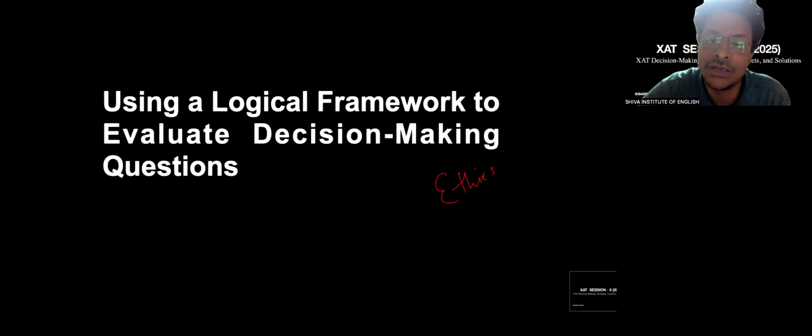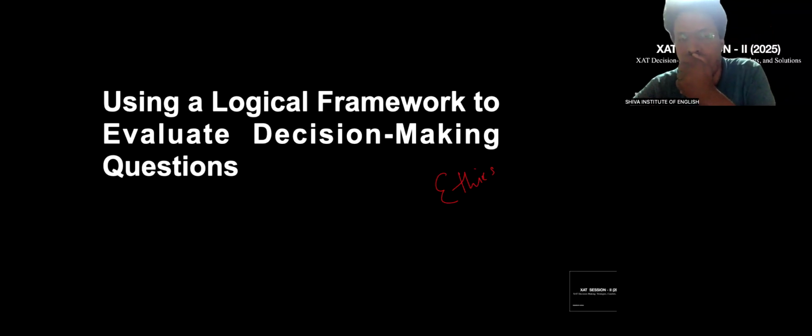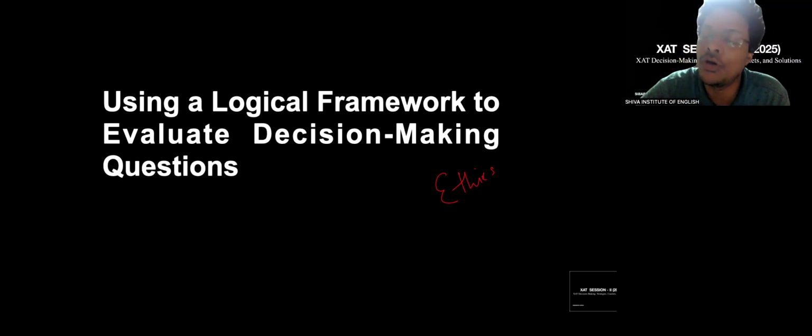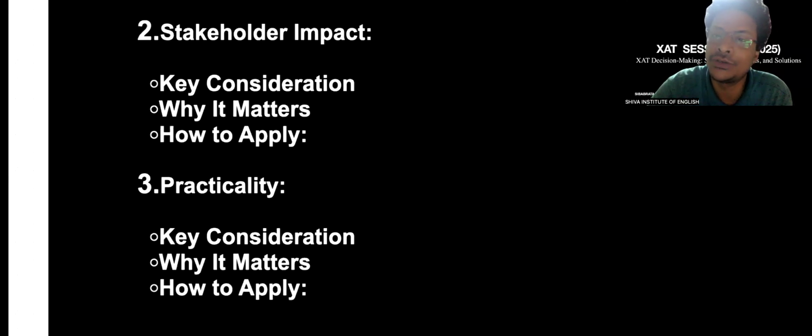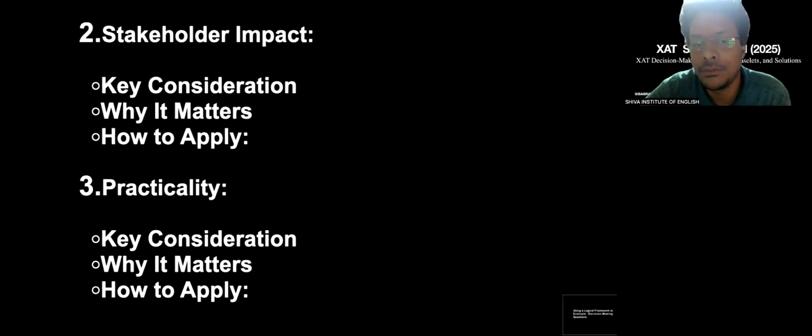In a scenario about laying off employees, which I told you in the last class, prioritize solutions that minimize unethical practices like abrupt termination without notice. That is one of the things we look for in an ethical practice.